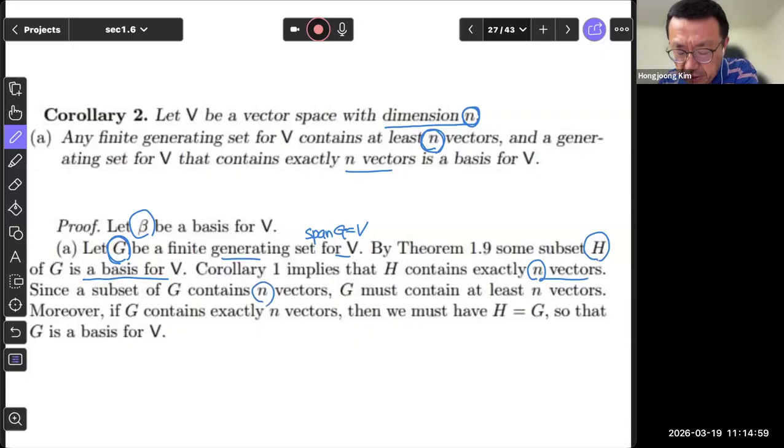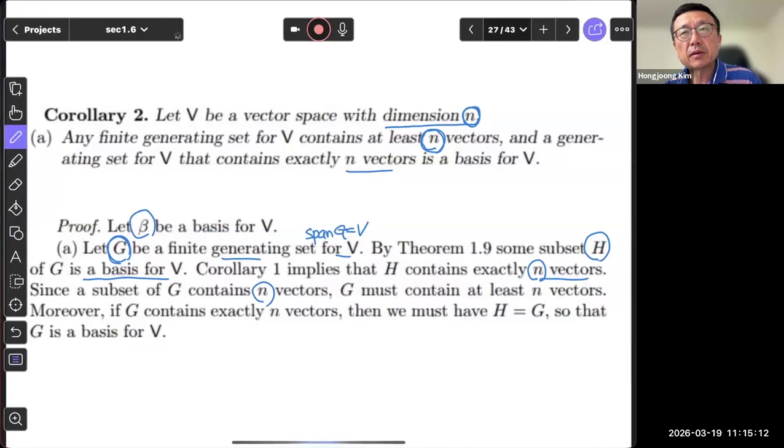Now, since a subset of G contains n vectors, this subset is a basis with n vectors, and G contains this subset. So the number of vectors in G must be at least n.